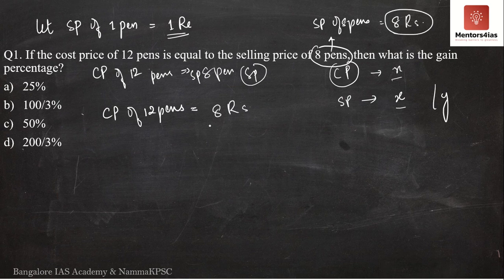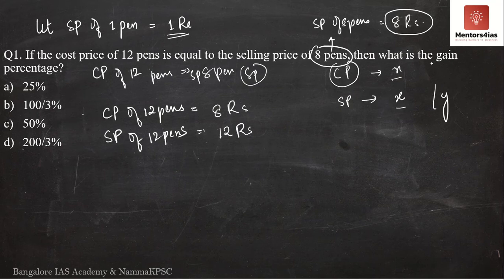Now we have to determine the selling price of 12 pens in order for us to know if there is a profit or loss. How do we know the selling price of 12 pens? Obviously from here. We have assumed that the selling price of one pen is 1 rupee. Therefore the selling price of 12 pens will be equal to 12 rupees.